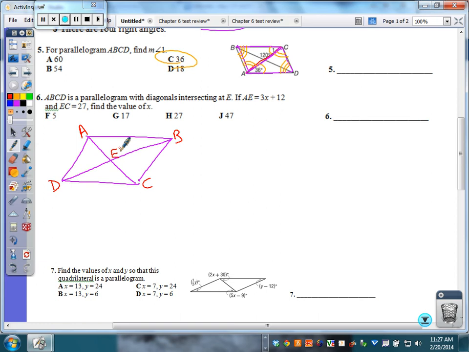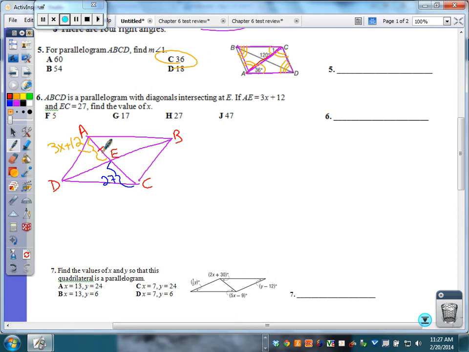Now we're told that AE, this segment right here, equals 3x plus 12. And then we're told that EC equals 27. One of the properties of diagonals is that they bisect each other.